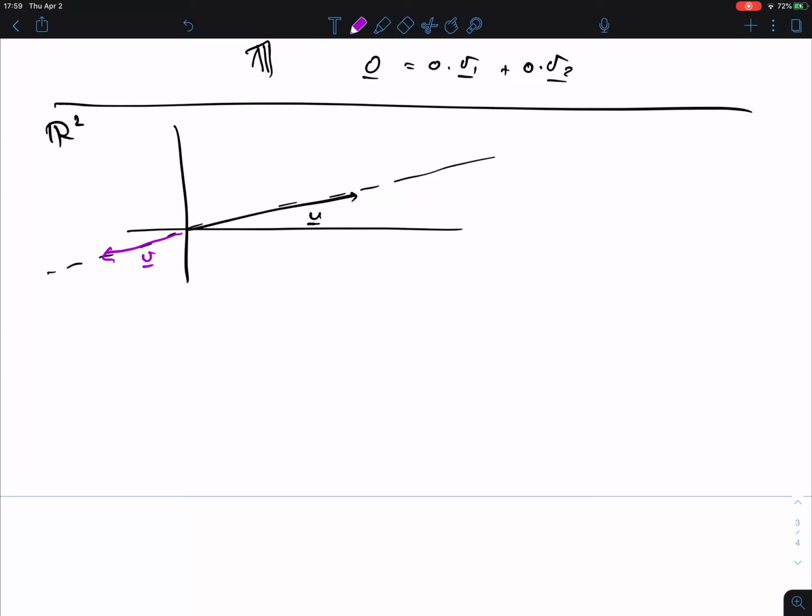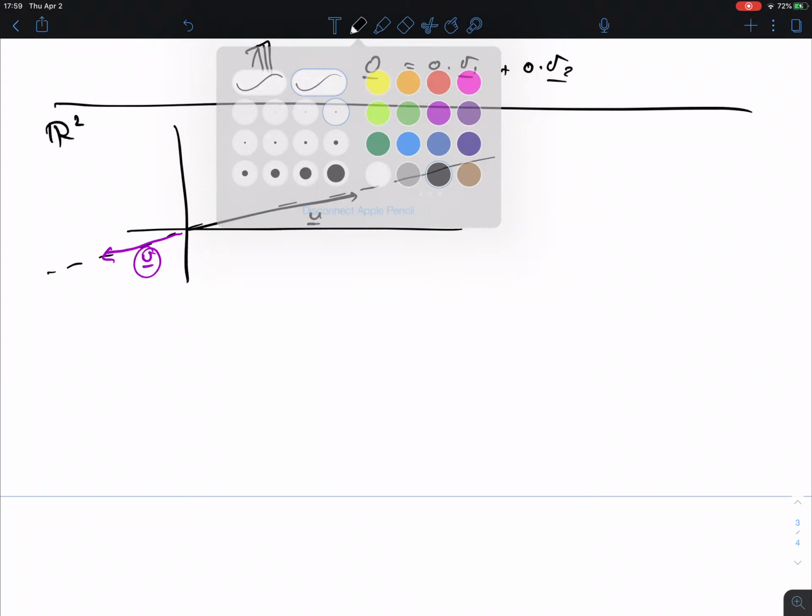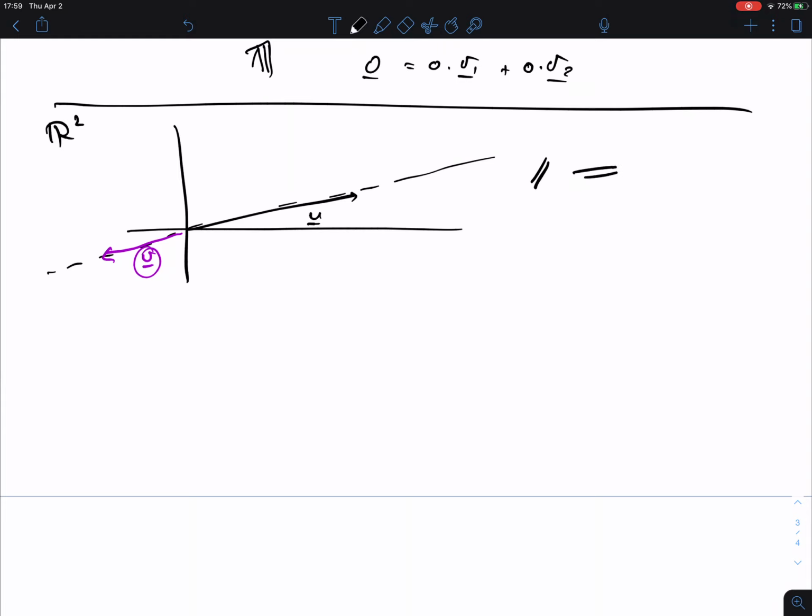That means exactly that this guy, v, is a multiple of u. A certain multiple. We don't know exactly what, I mean, we can calculate what it is. And if it's a multiple, well, that's a special case of a linear combination, right? So if these two vectors are parallel, then they are linearly dependent.